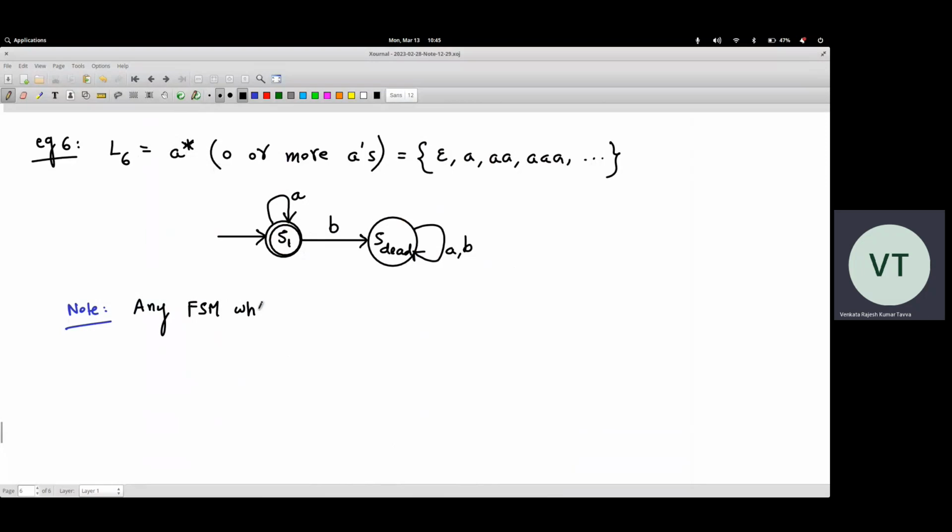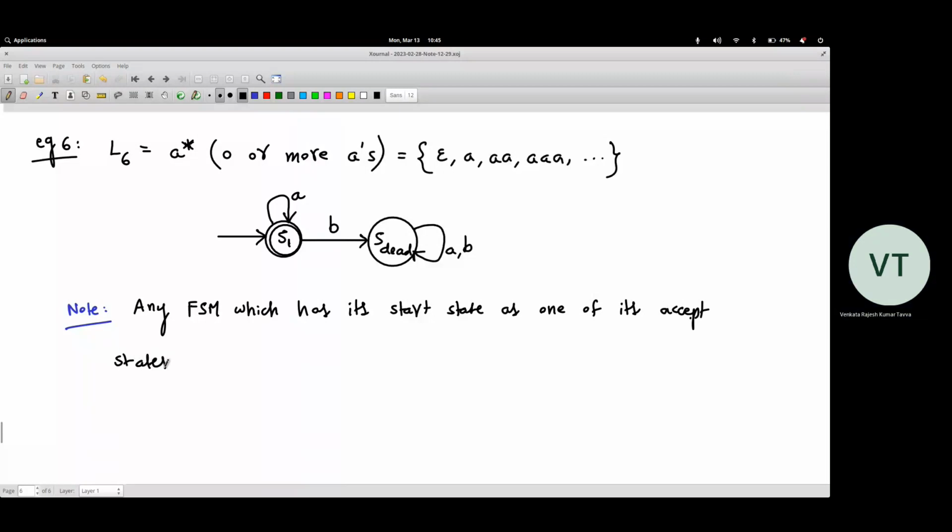Any finite state machine which has its start state as one of its accept states will accept epsilon, that is the empty string, and vice versa.